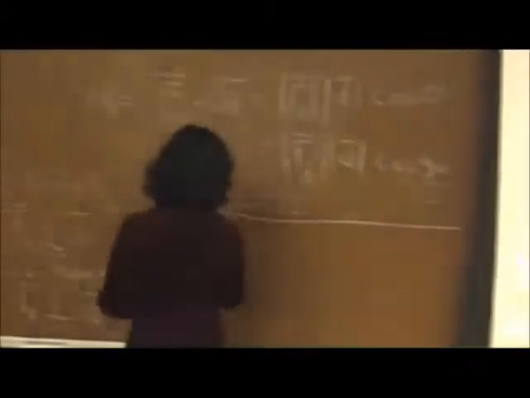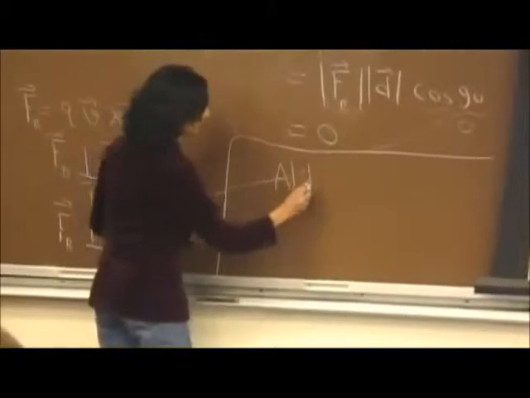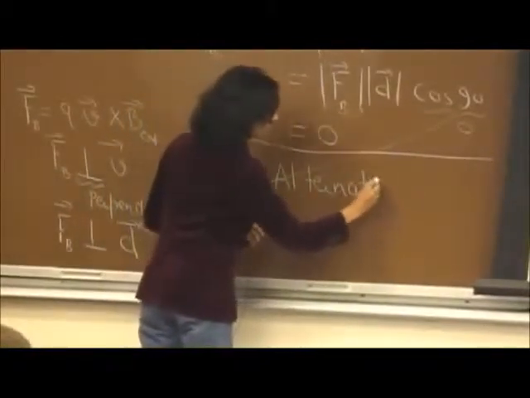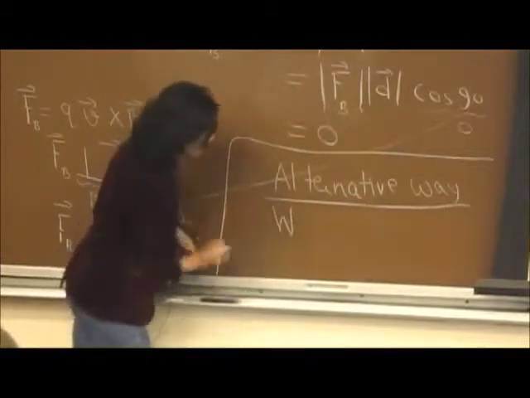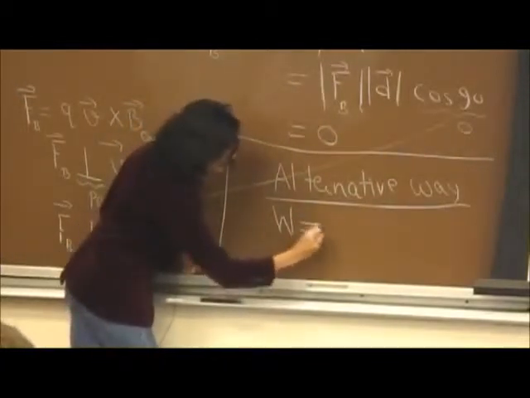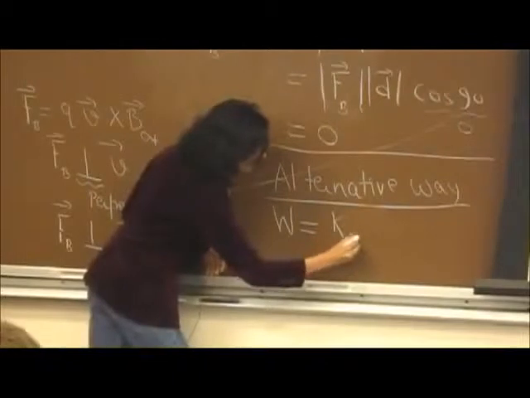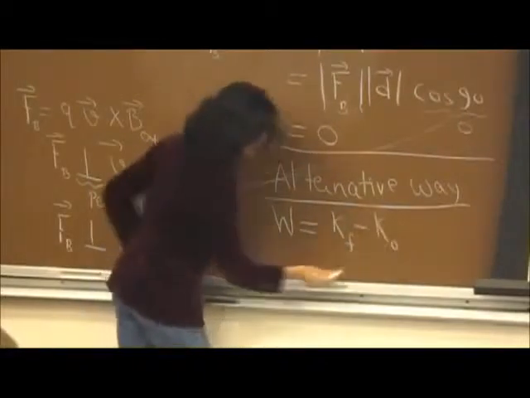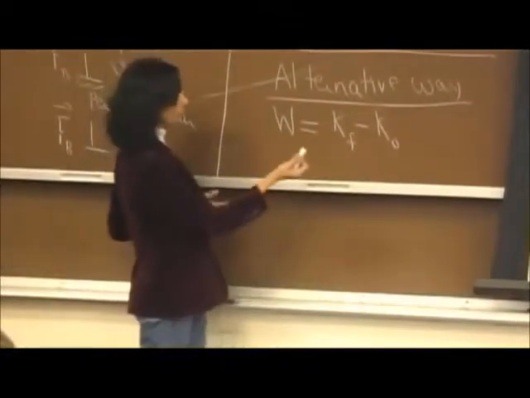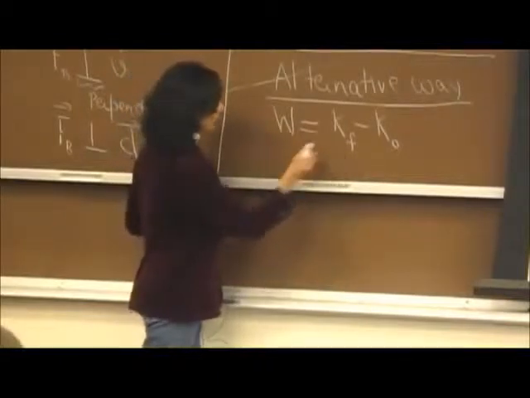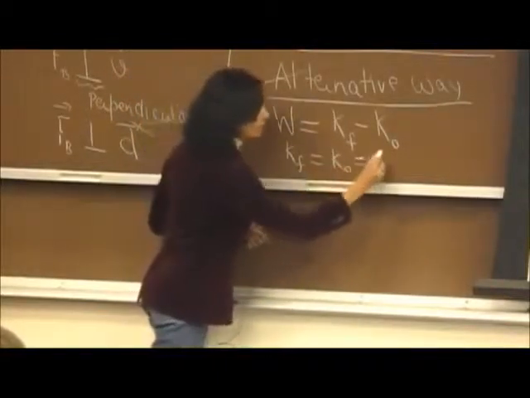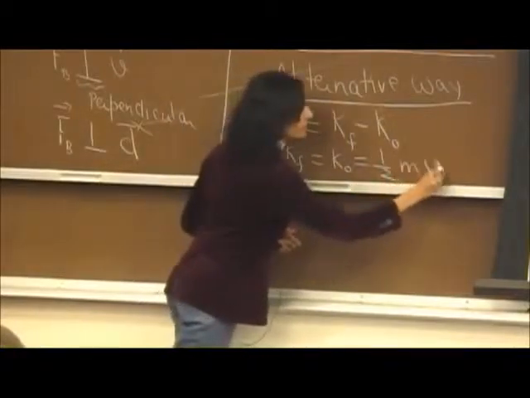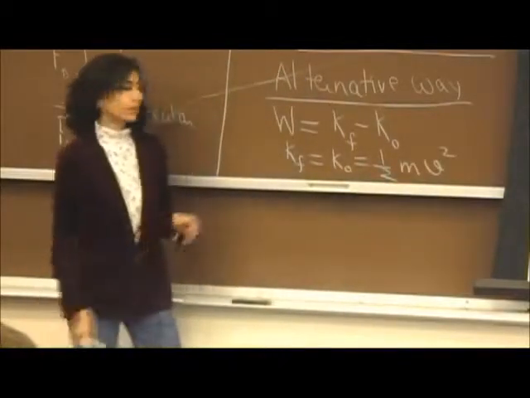Let me write it over here. So an alternative way to reason is to use your work energy theorem, which says work done by the net force is equal to kinetic energy final minus kinetic energy initial. In this case, kinetic energy final should be equal to kinetic energy initial, because all of this is half times m times v squared, right?